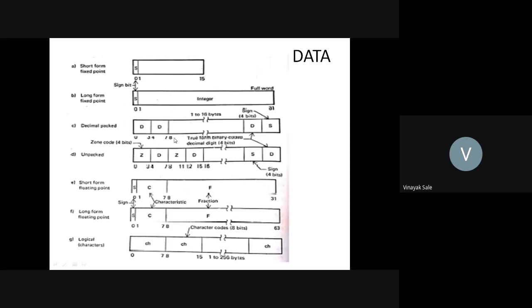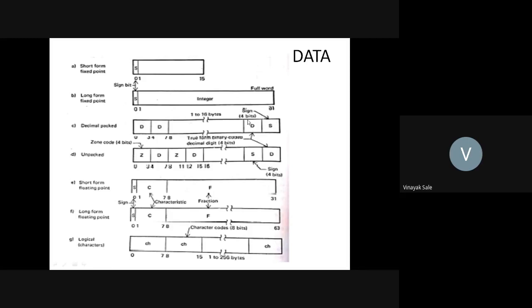त्याच्यानंतर फ्रॉम 8 to 23, 8 to 23, that is 16 बीट हा डेटा असणार आहे, which is stored in binary form.